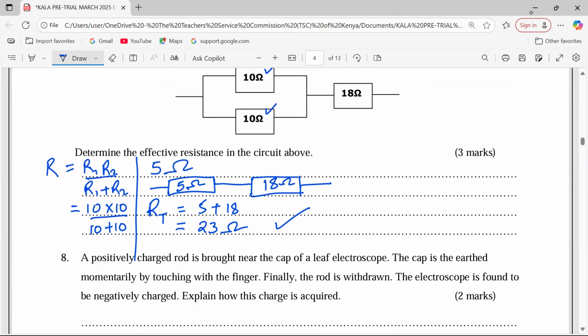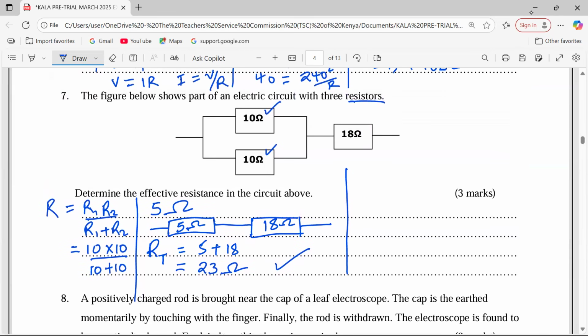About the parallel, let me mention, because I've already emphasized that in series we just take the addition. In parallel, 1 out of the effective resistance is given by 1 over R1 plus 1 over R2, plus we continue adding until we get to the last one, because they can be more than 2.